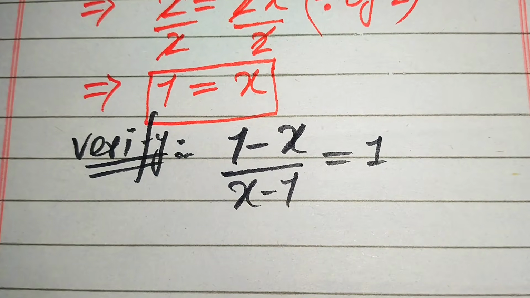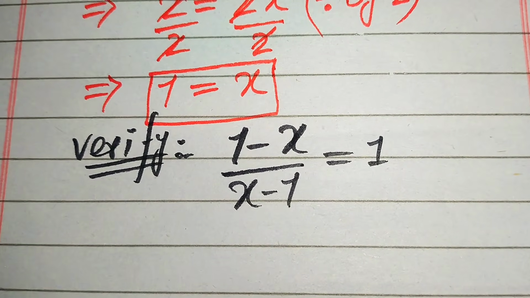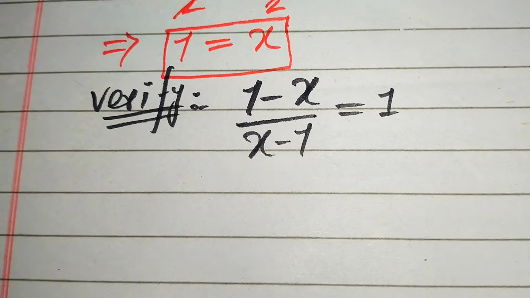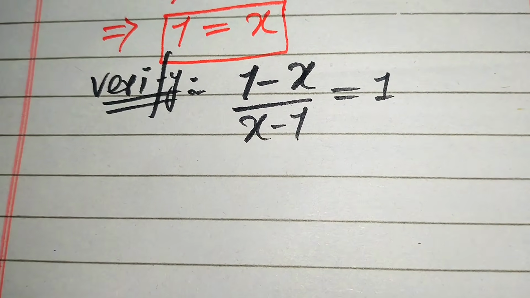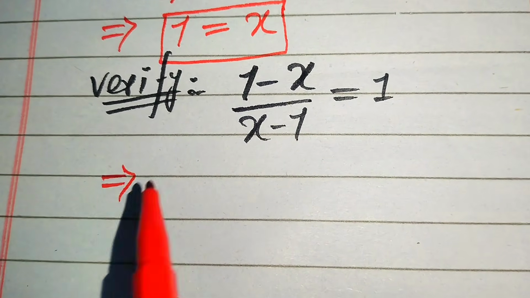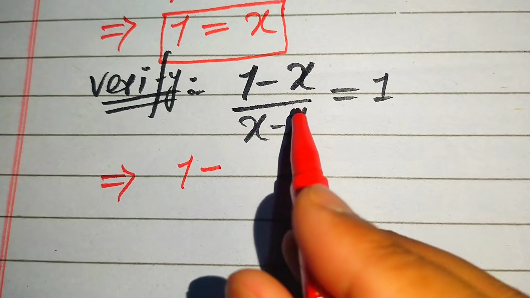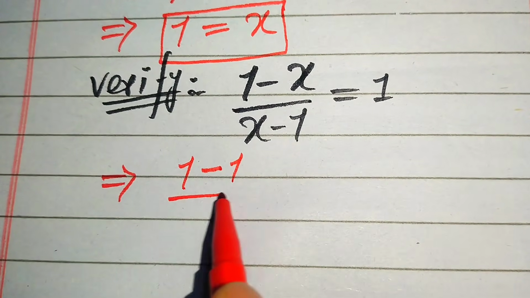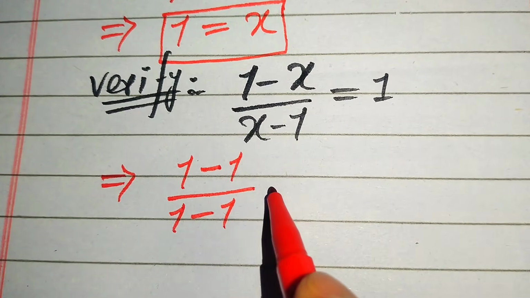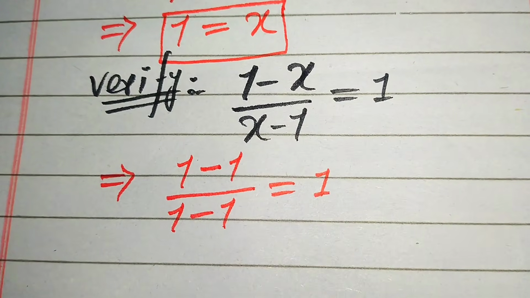Here we substitute x is equal to 1 into the left hand side and check its behavior. So we have 1 minus 1, divided by 1 minus 1, is equal to 1.